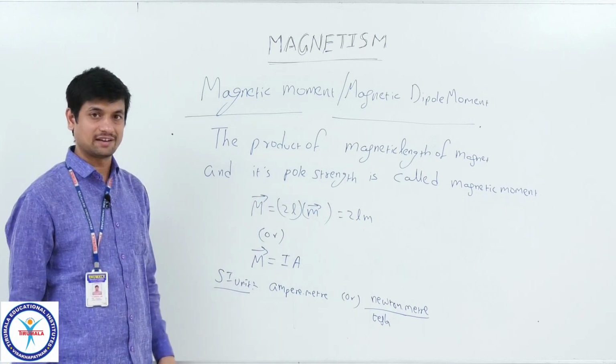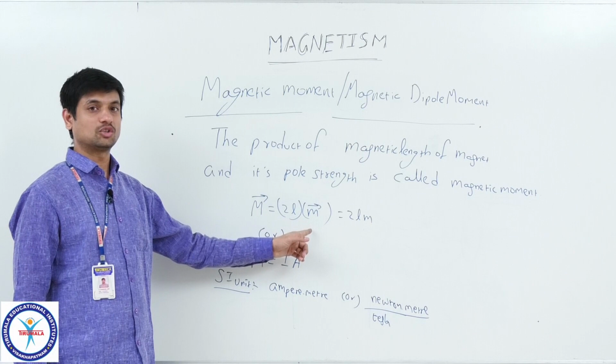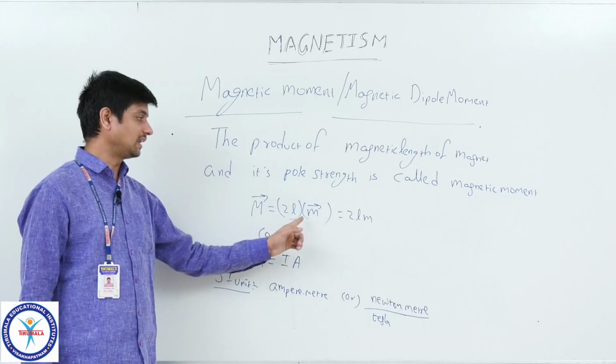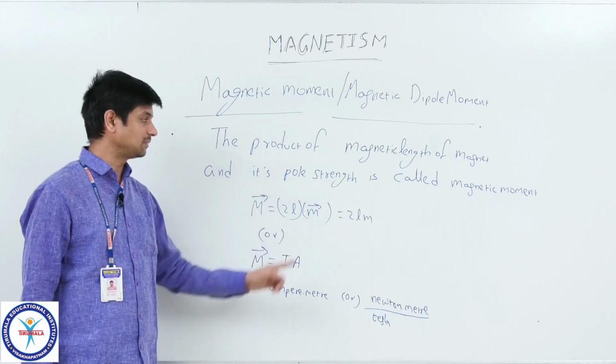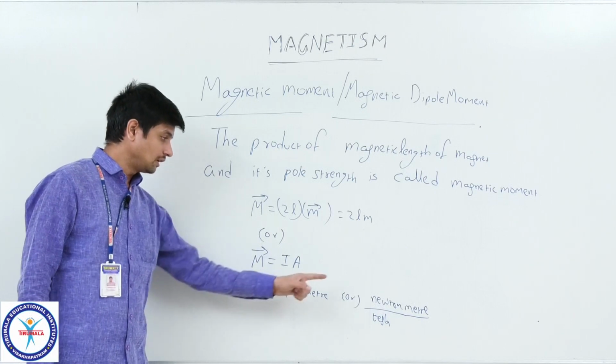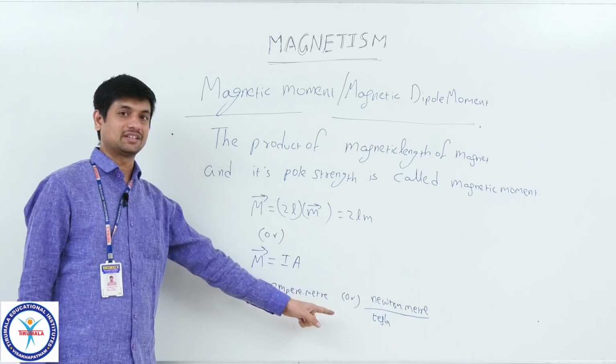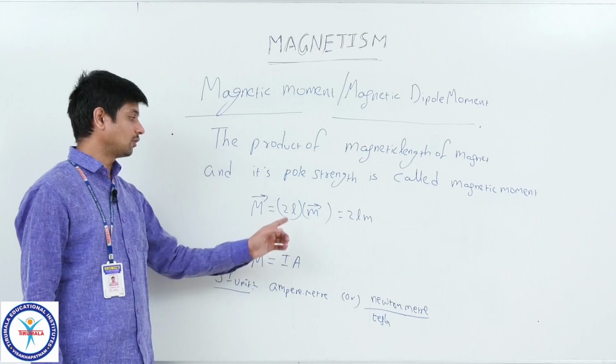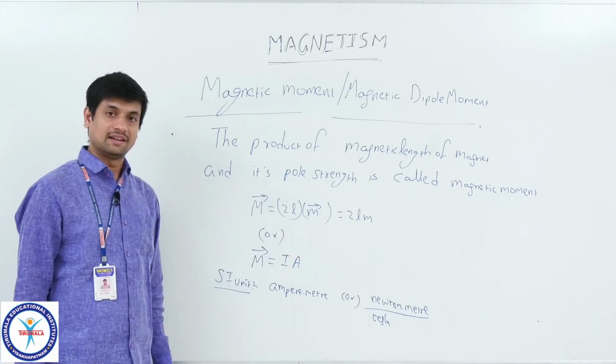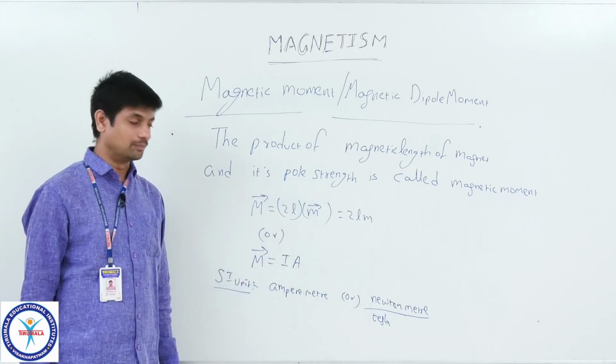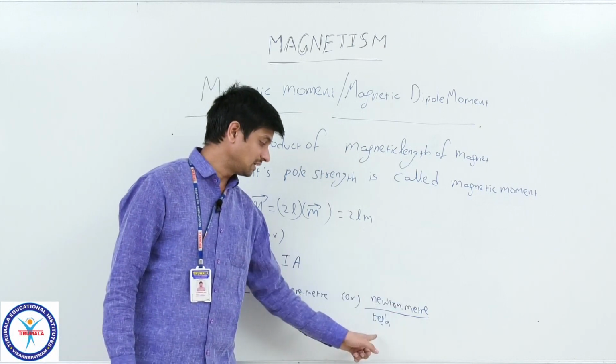The length is denoted 2L, and pole strength with small m, 2L into m. What is the unit for m, pole strength? Newton per Tesla. Now, unit for length is obviously meter. So, Newton meter per Tesla.